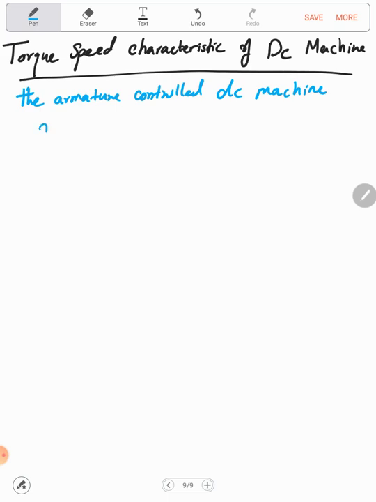We have V_A equals I_A R_A plus L_A dI_A/dt plus a certain constant. Let's assume this one is K phi omega.